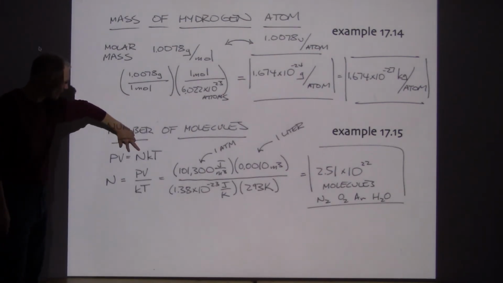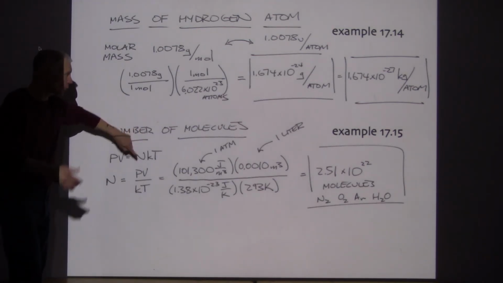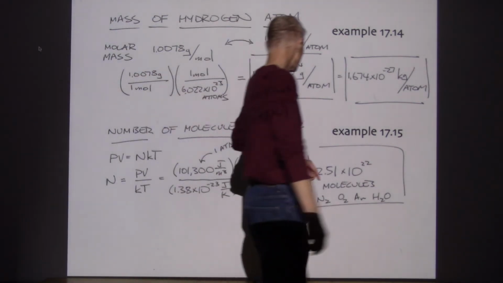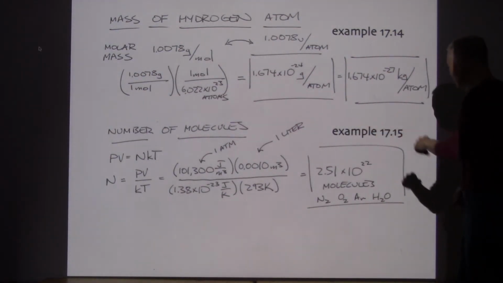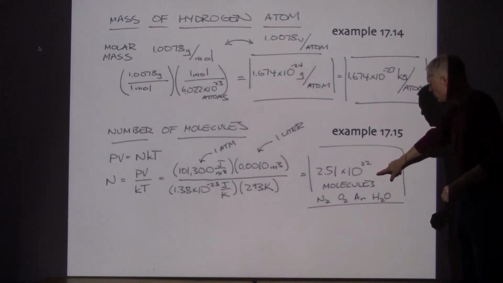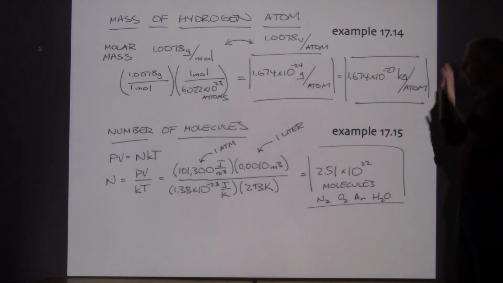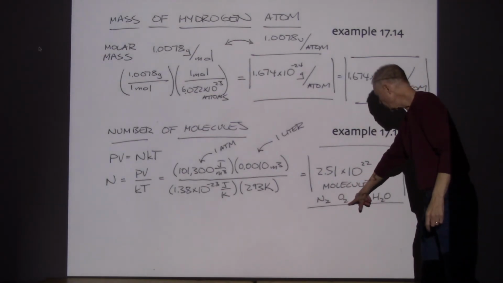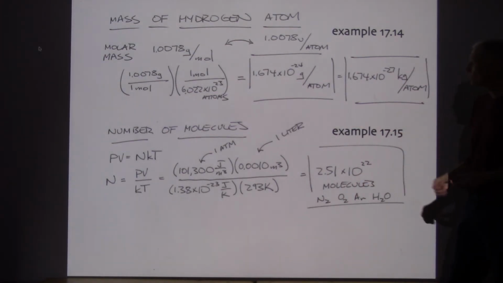And here, again, we're using this formula using Boltzmann's constant and the number of molecules. And carrying out that calculation gave me 2.51 times 10 to the 22 molecules. Now again, it doesn't matter if this is nitrogen or oxygen or argon or water.